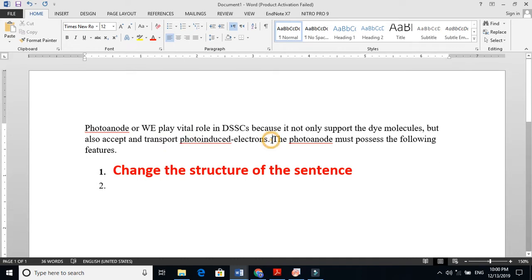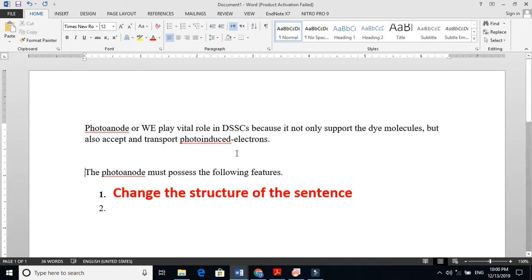Let me write this sentence. How can you write this sentence here? You can write that working electrode plays a bifunctional role. That is to say, it provides support for the dye molecules and also provides the path for photo-generated electrons.